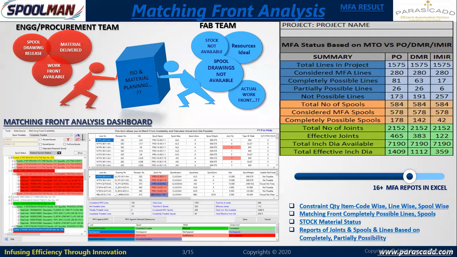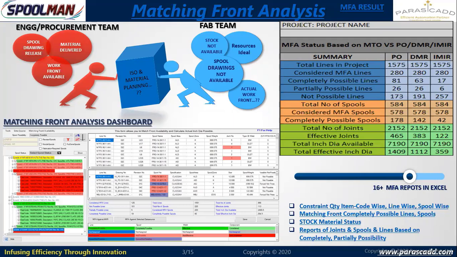It gives me a complete report of spools fabricatable, inch dia, which components are available and which are not, and my material constraint list. Or my warehouse may be loaded with material, but with respect to the analysis, I cannot consume more than 30% of the available material because the relevant drawings are not available. I have some other drawings, but the material for them is not available.